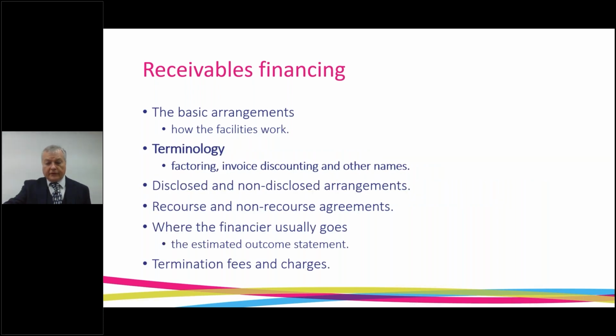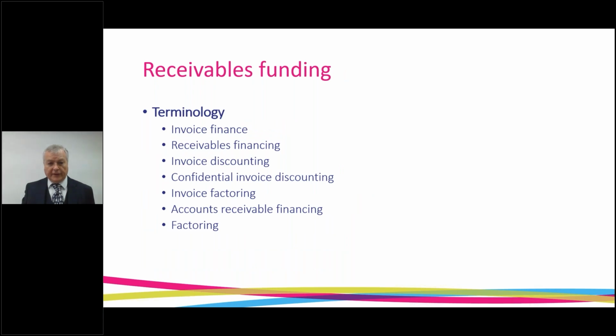So let's look at some of the terminology. There are many different names for arrangements of this sort: invoice finance, receivables financing, invoice discounting, confidential invoice discounting, factoring, and many others. There's no single definition of any of these, and some of these names are used interchangeably.